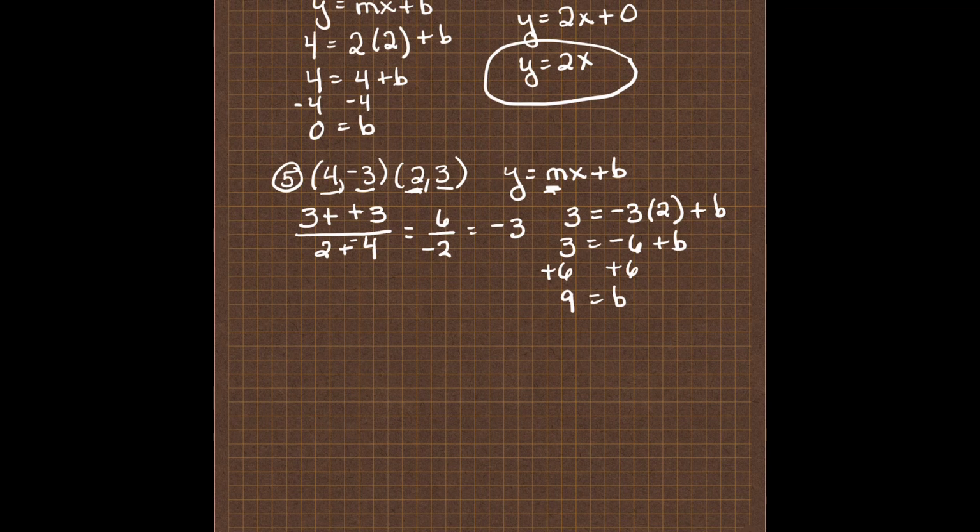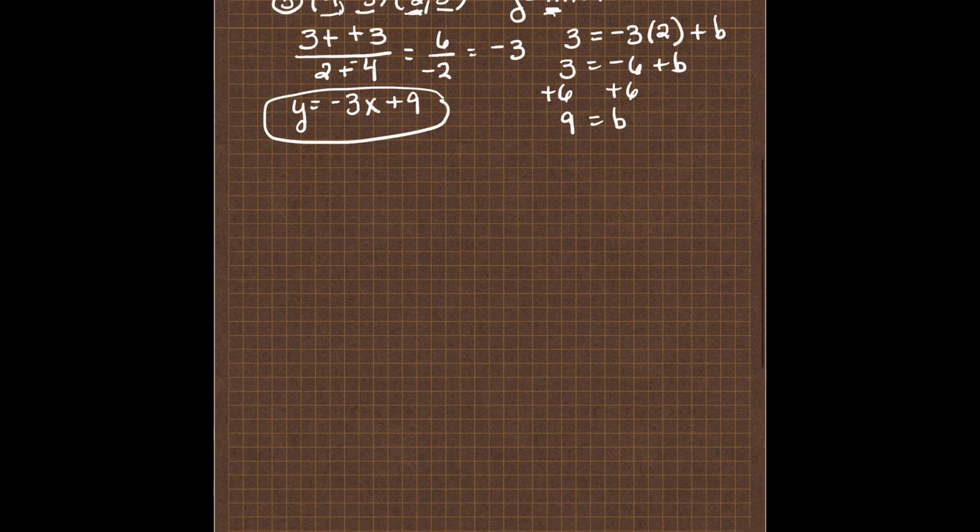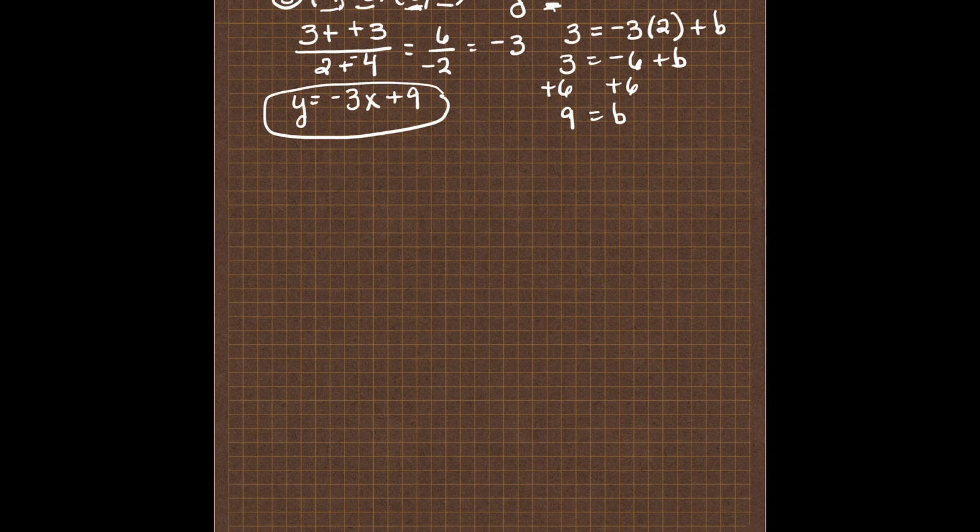Now I can write my equation. Y equals slope negative 3x. Always want an x and a y in my equation. Plus 9 is b. So then I have a nice equation for that. I'm going to do that every time. Every time I have 2 points, I'm going to solve for the slope, solve for b.